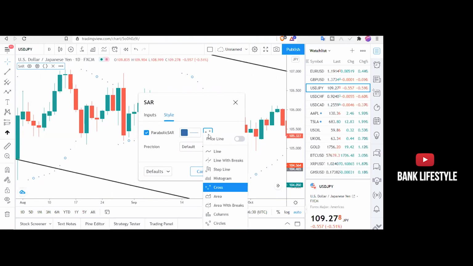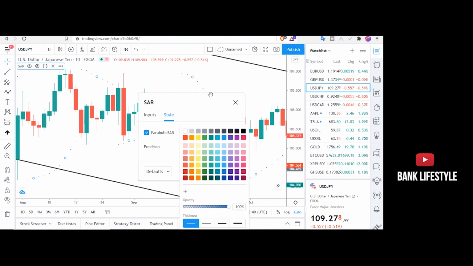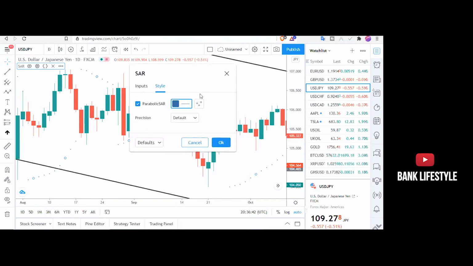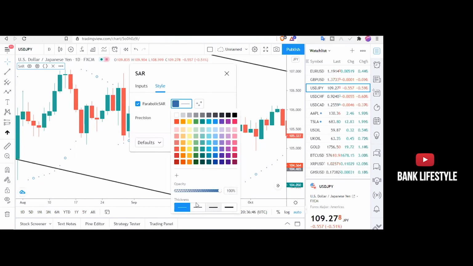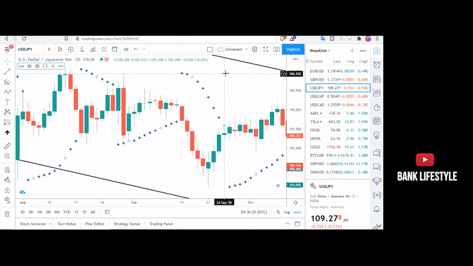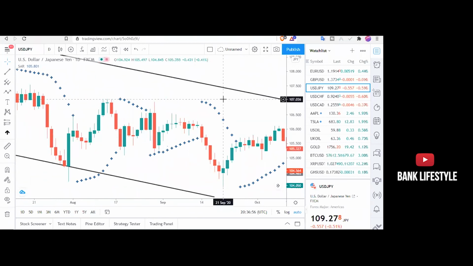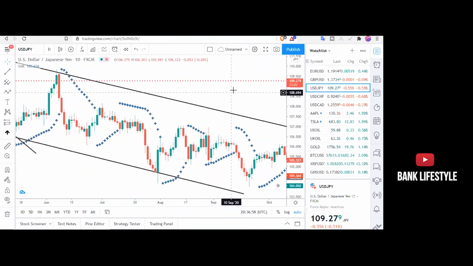I could even make it much bigger. So let me choose this. You see the dot has become much bolder. So this is how the parabolic looks in the markets.